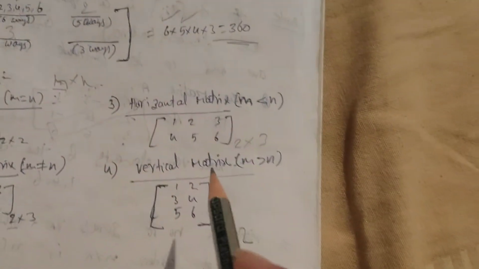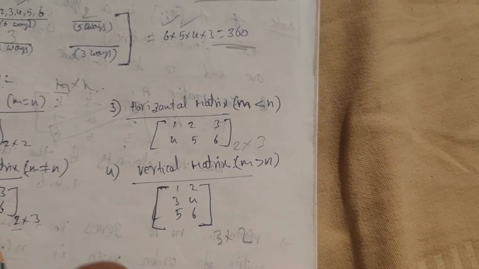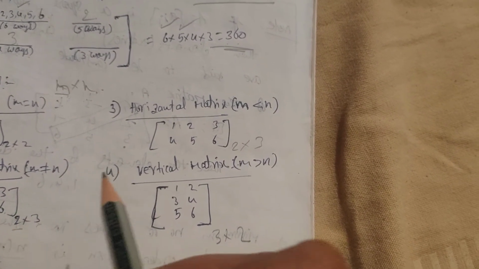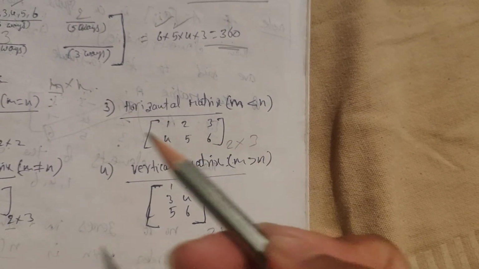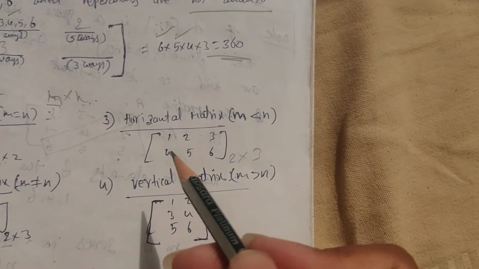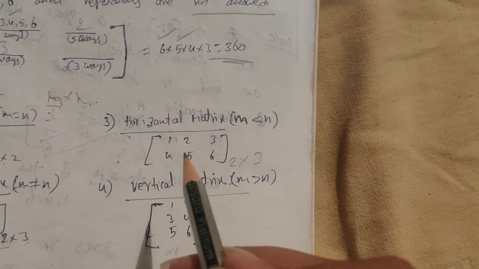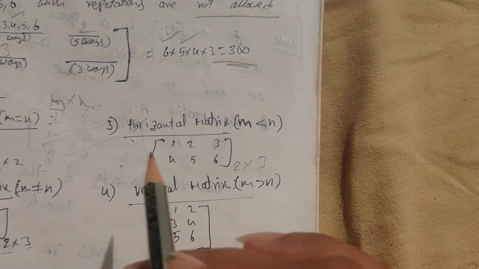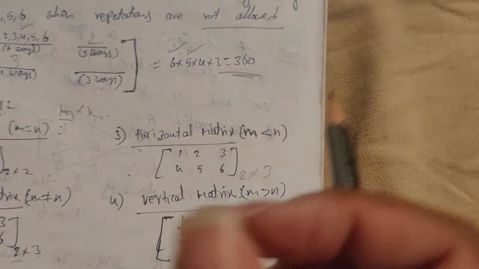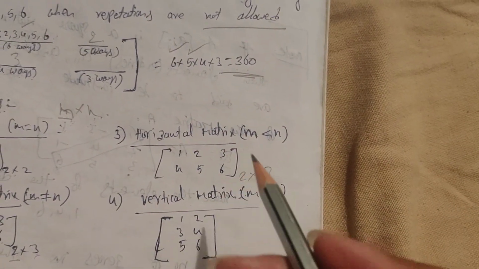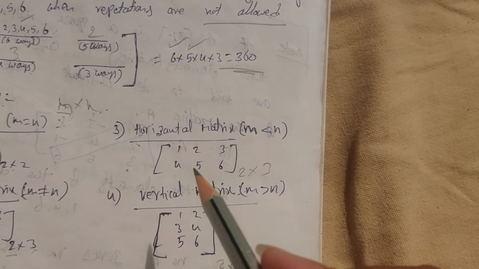Next one is the horizontal matrix. A horizontal matrix may be a rectangular matrix also. When you observe the matrix, it will look horizontal, that means the length will be more and the width will be less. This is possible when the number of rows is less than the number of columns.